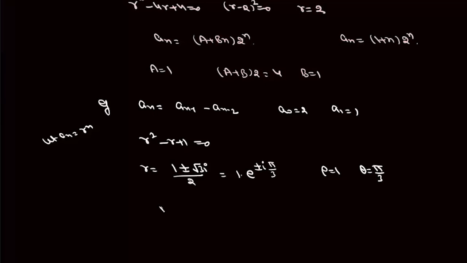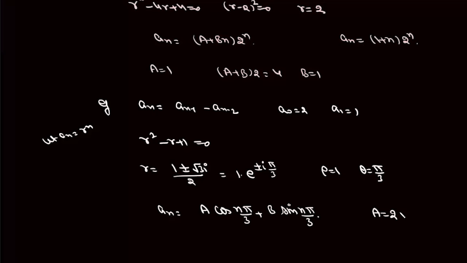So we can write this a_n as rho to the power n, which is going to be 1 to the power n, and this is a cos(n pi by 3) plus b sin(n pi by 3). Now when n is 0, cos 0 is 1 and sin 0 is 0. So we'll get a as 2.